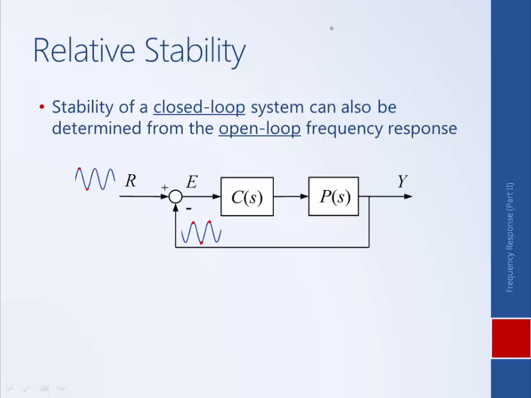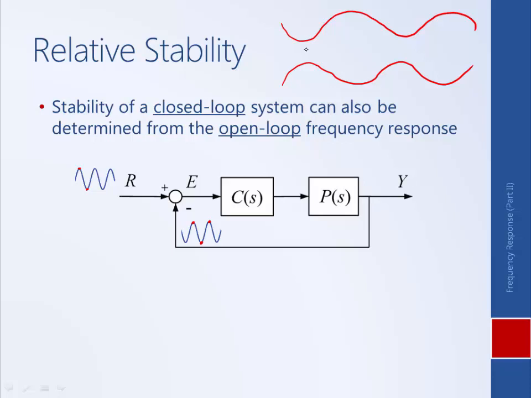So you can imagine, we have our reference and we have our signal that's being fed back, and it's completely out of phase. So we get something like that. If we were to simply add those two signals, we get what's called destructive interference.